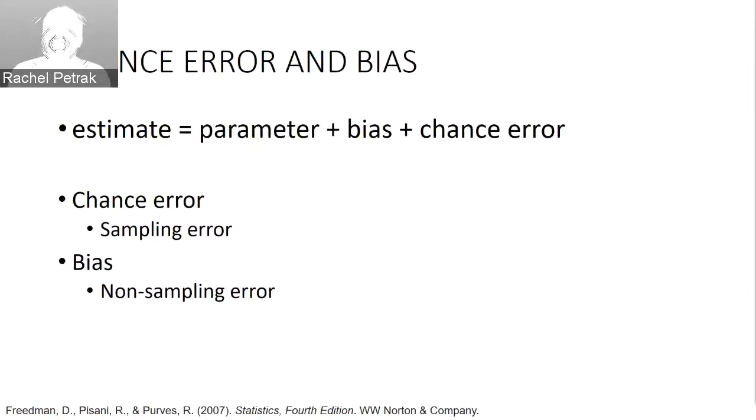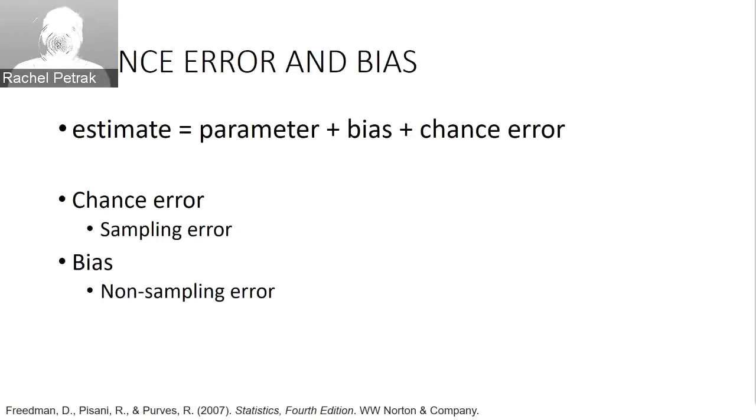Bias is called non-sampling error because it comes from the investigator or the participant in terms of non-response bias.